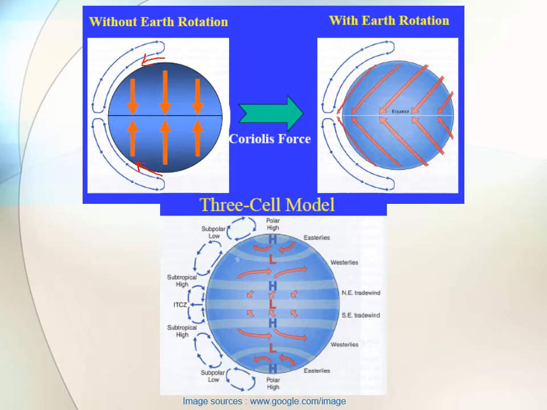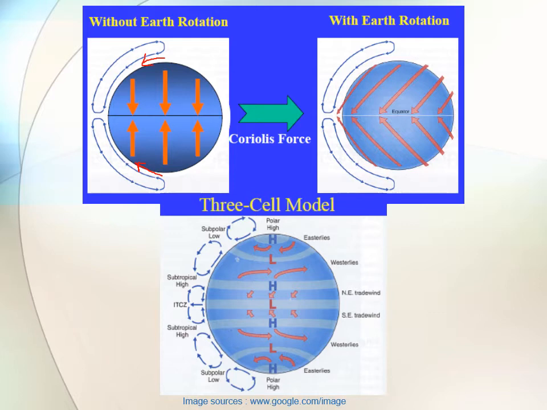Now we know that earth is not a non-rotating body, rather earth is rotating. So due to the rotation of the earth, apart from this heating difference, the Coriolis effect acts on this circulation of wind.